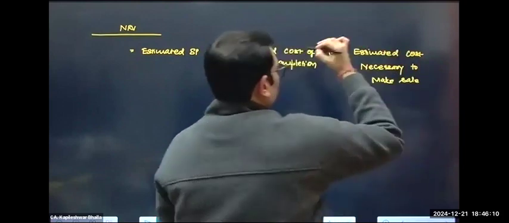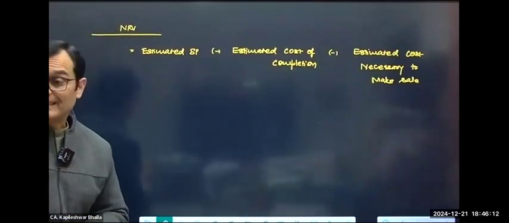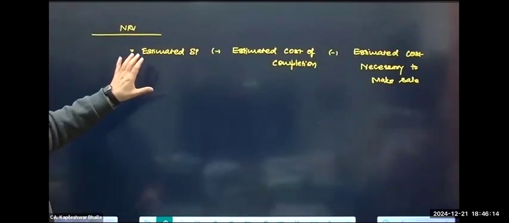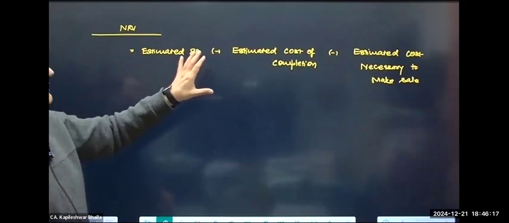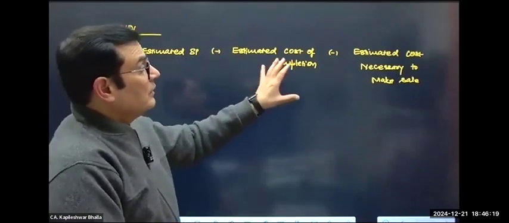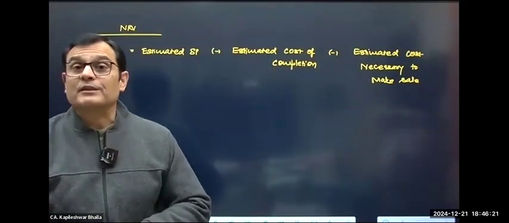So this is the definition of NRV which is given in the standard. So it says it is estimated selling price minus estimated cost of completion minus estimated cost necessary to make sale.